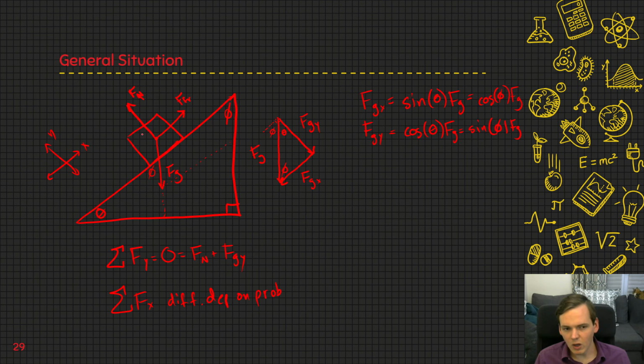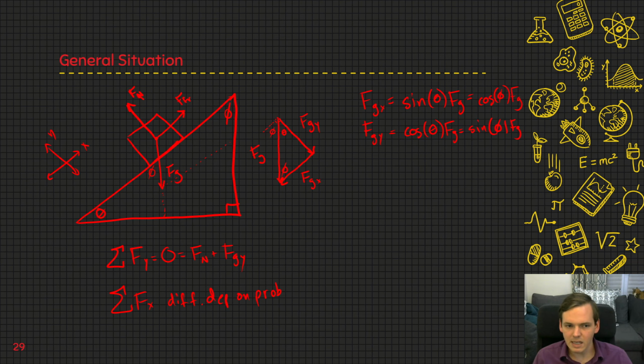But almost always, the normal force pointing out of the ramp will be equal to the gravitational component of the Fg. That's most common, but if there's some other force that's causing a component into the ramp, as we'll see in our second example, that gets thrown off a little bit.